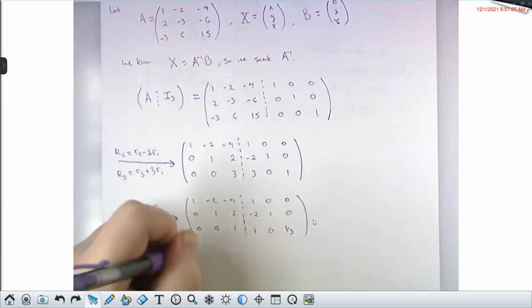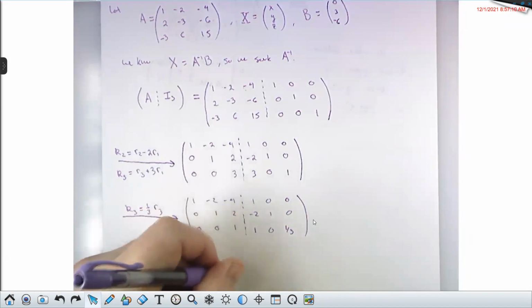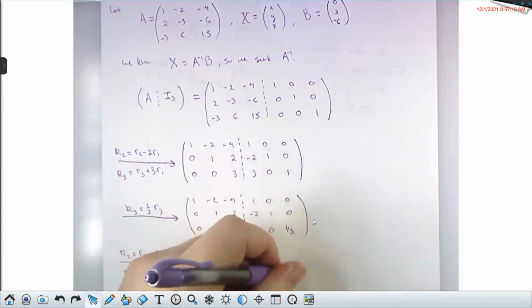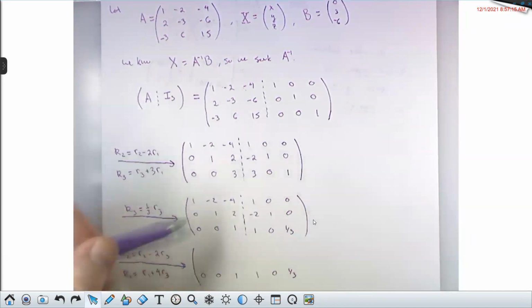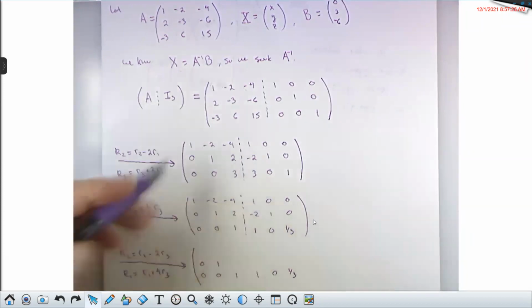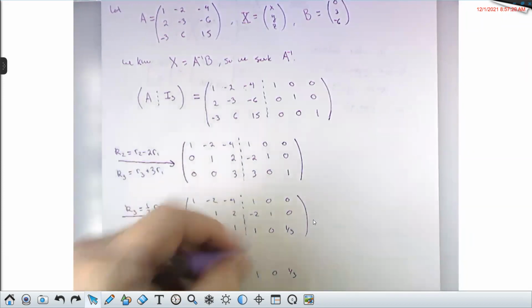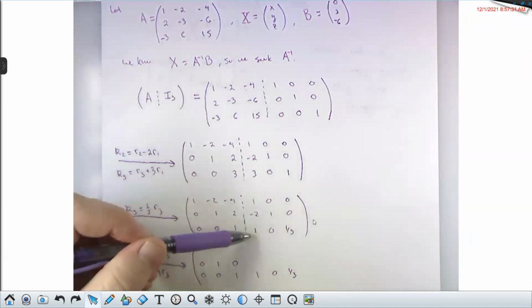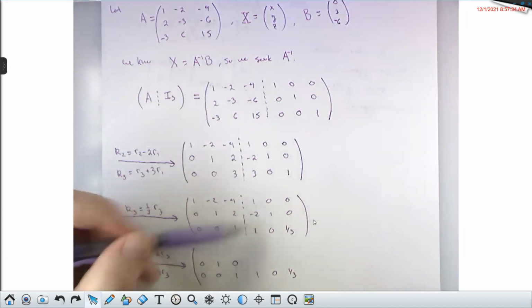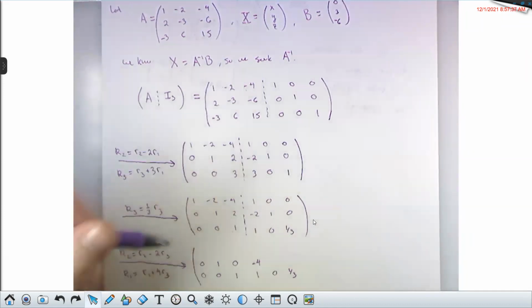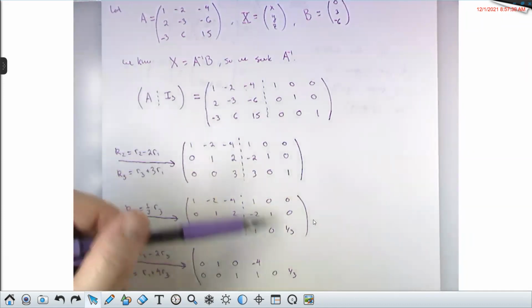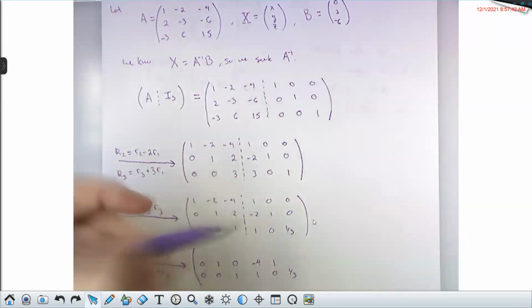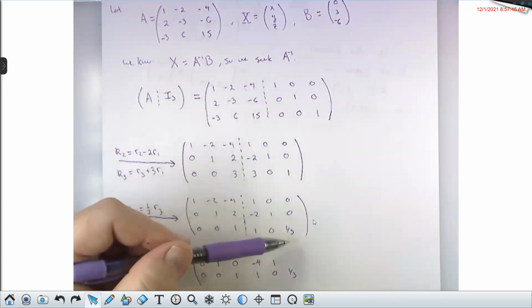Row 3 is the only row that's not going to change this time, so I'll write him down: 0, 0, 1, 1, 0, 1/3. -2 times this plus this is still 0. -2 times this plus this is still 1. -2 times this plus this is now 0. -2 times 1 is -2, plus -2 is -4. -2 times 0 is still 0, so that's going to stay a 1. -2 times 1/3 is -2/3.